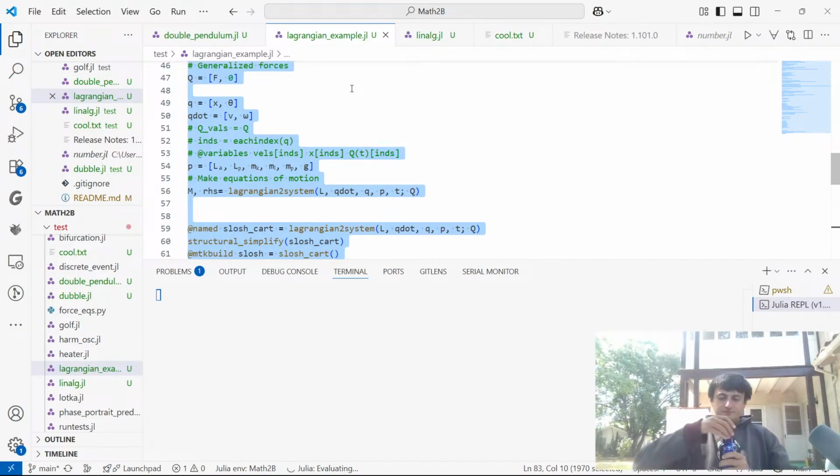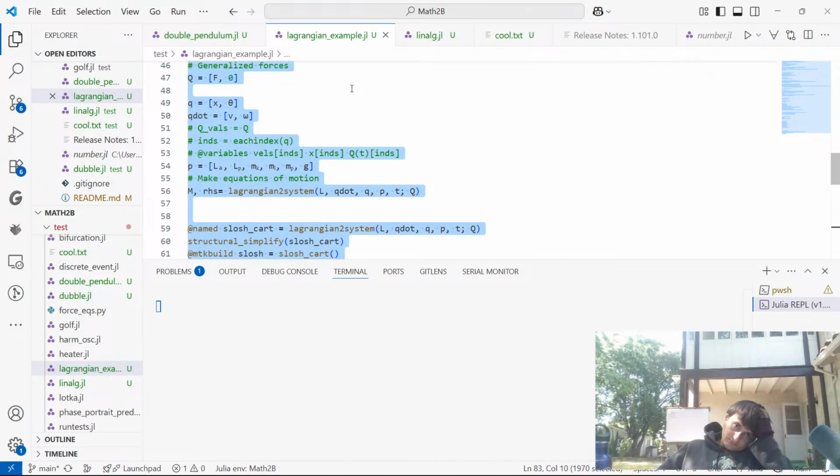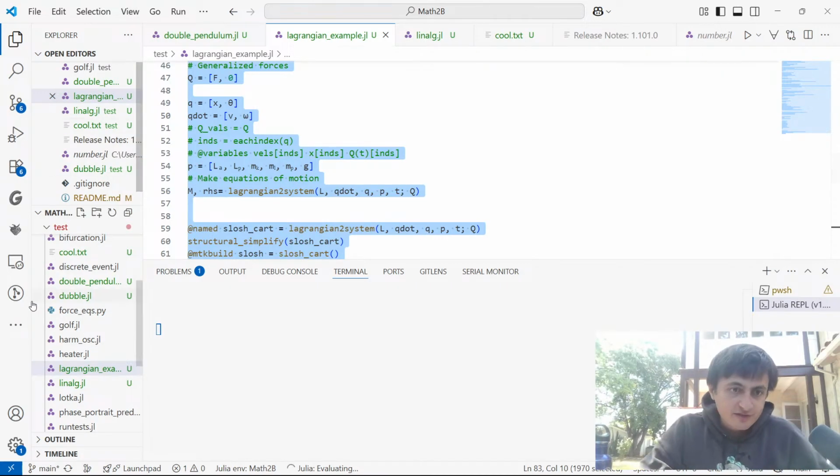Okay, so did we finish writing the double pendulum?